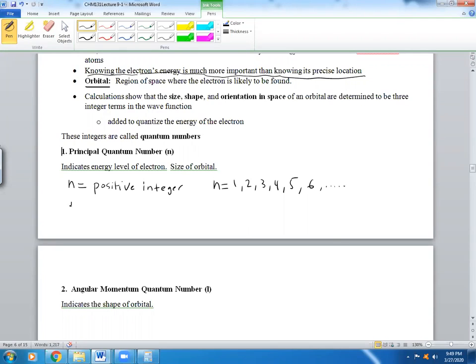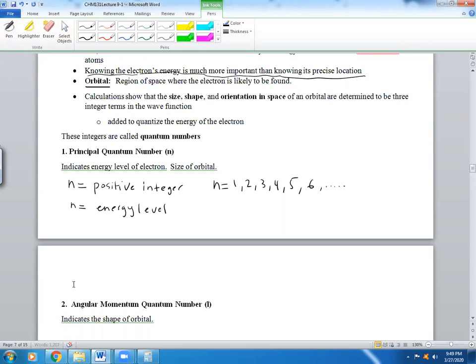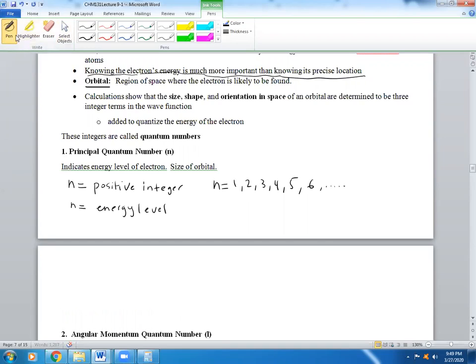Just know that n in this case is the energy level. So if I have n equals 1, we call that the ground state, or our first energy level.